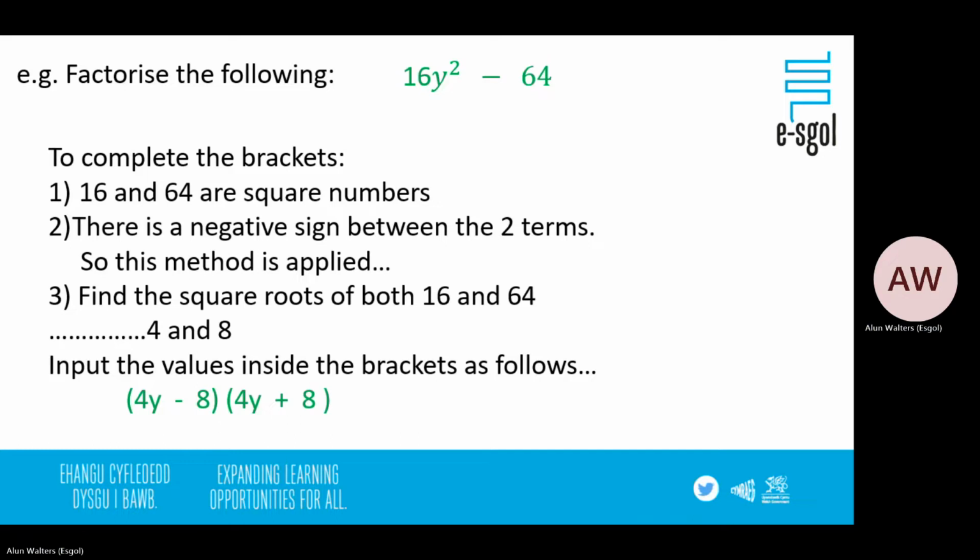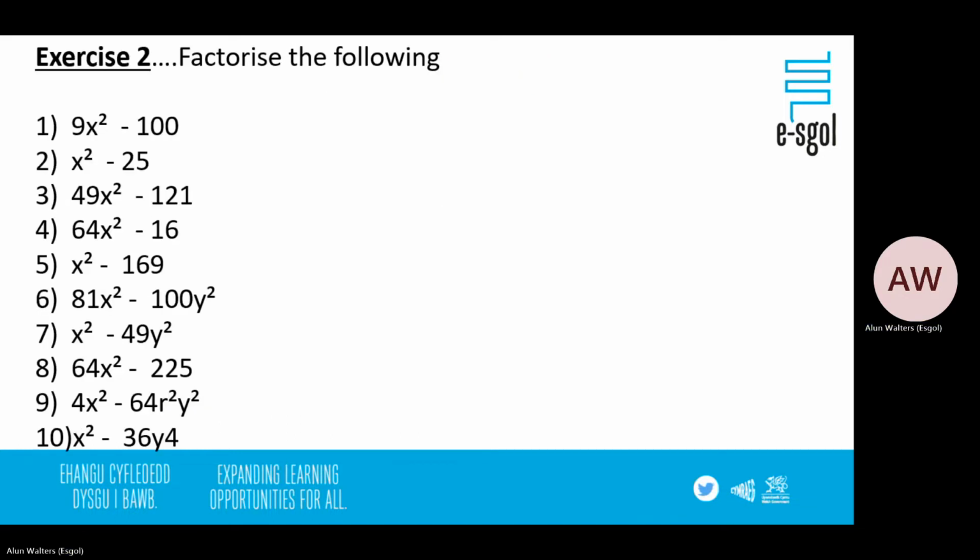Okay. Questions for you to try. Okay, so a little bit more thought in one or two of these. I haven't shown you that yet, but I'm sure you could attempt them. Okay, off you go. Pause the screen. I'll give you some answers in a moment.